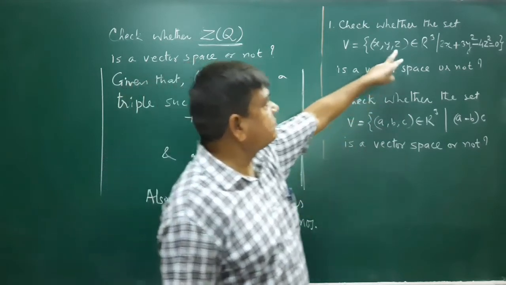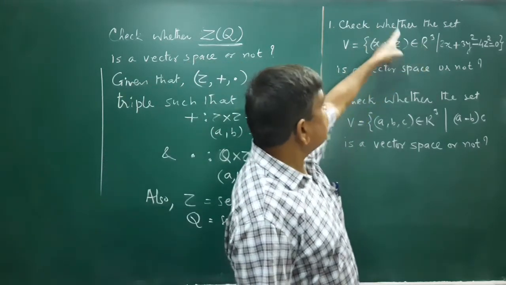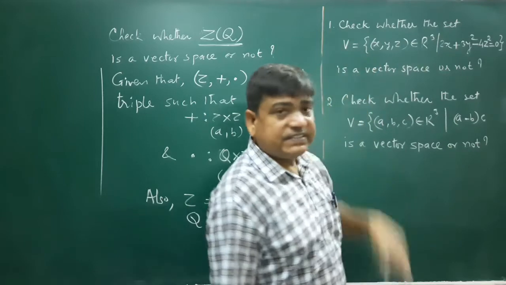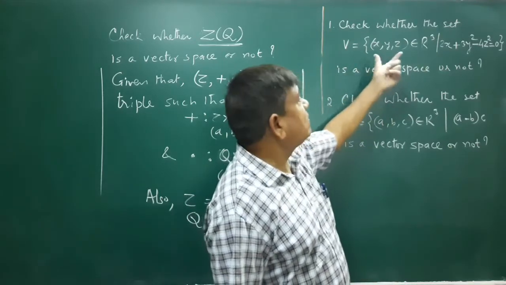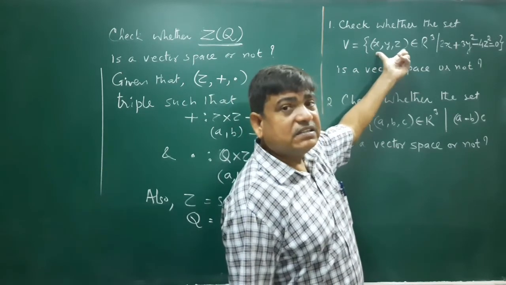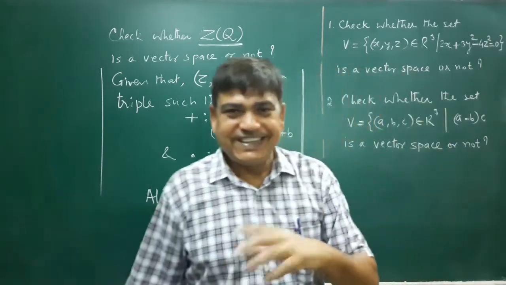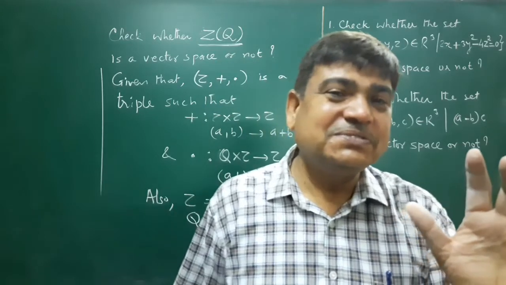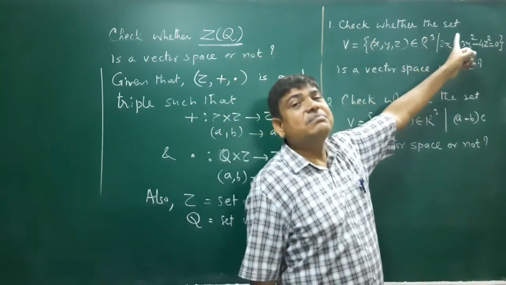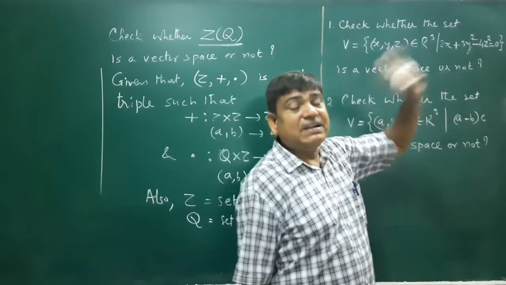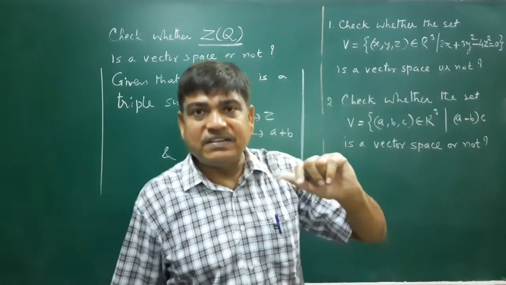Come to this question. Check whether the set V is a set of points in 3D. This is the way to read the mathematics. You should know how to read mathematics.